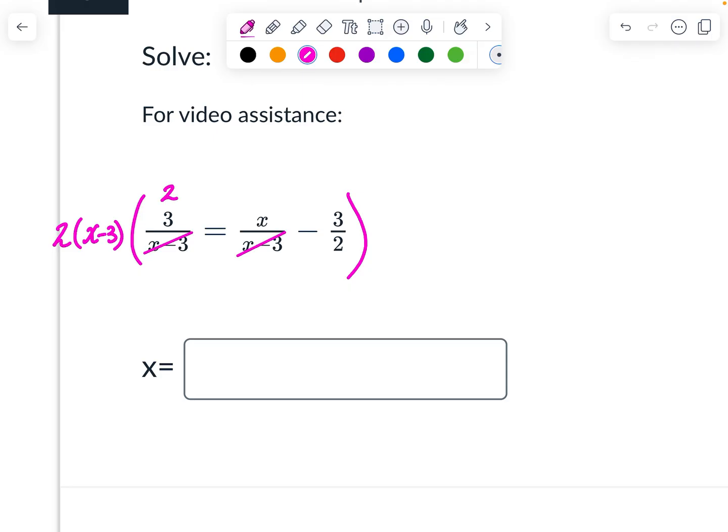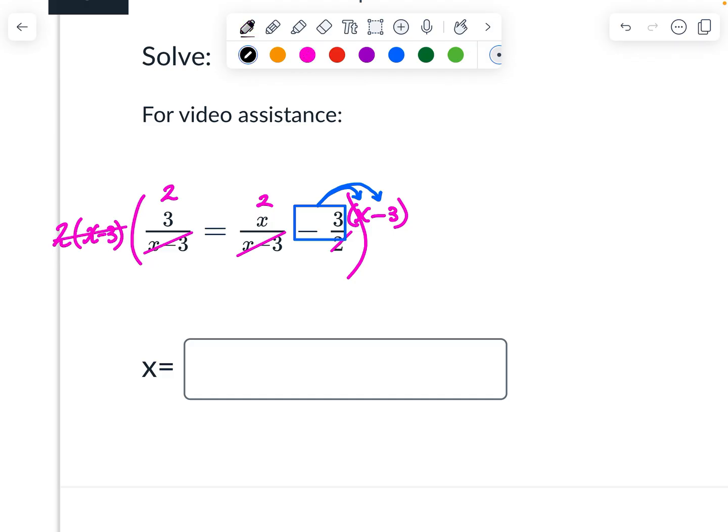This gets struck out, and I would have a 2. This gets struck out, and I would have an x minus 3. And then I want to be very careful here that when I do this, I take negative 3 times x and negative 3 times negative 3. And then of course, this is gone as well.